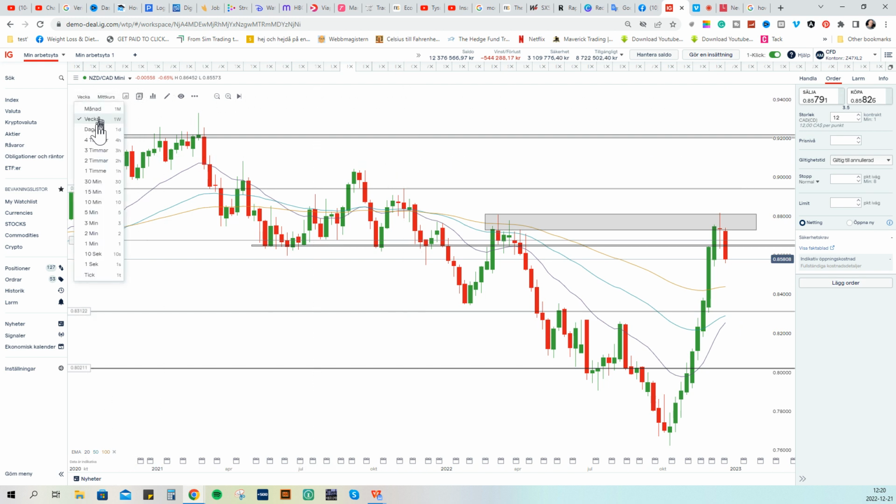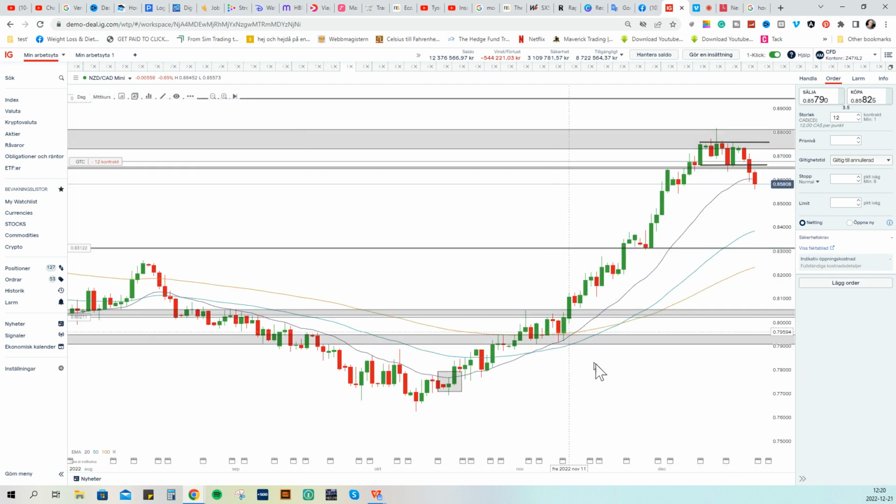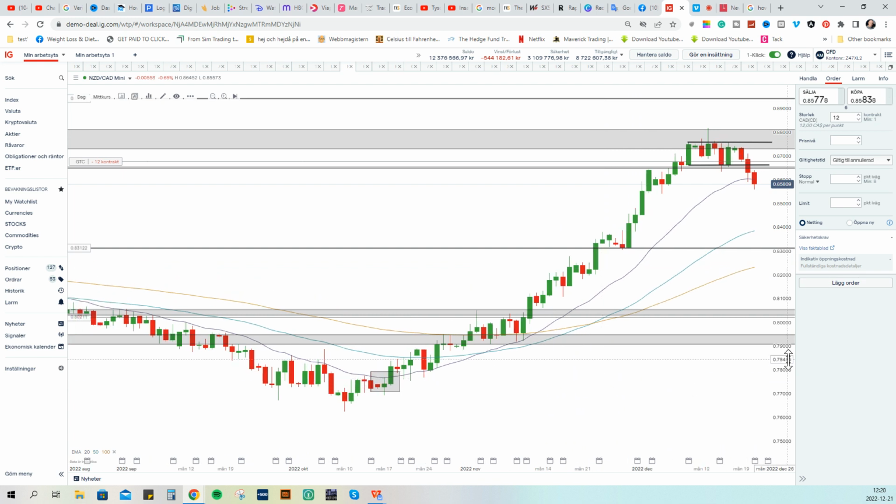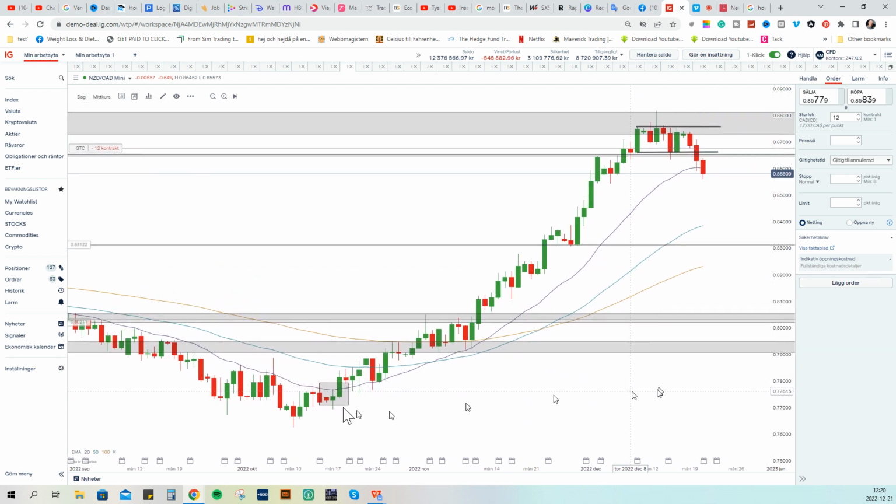Let's shift to the daily chart. Here we can see the massive uptrend on the daily chart. And here I have marked horizontal lines regarding this mother bar.